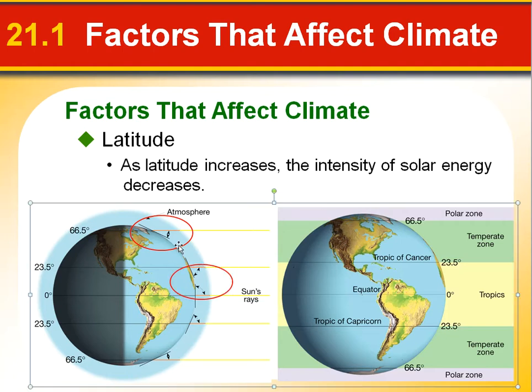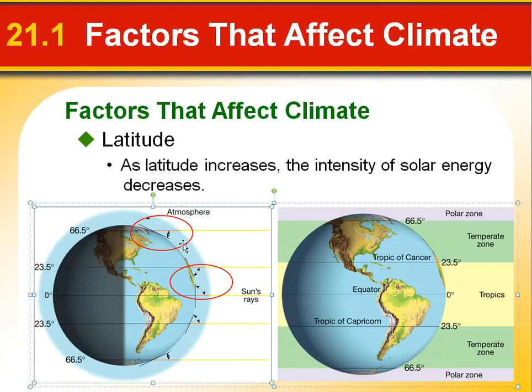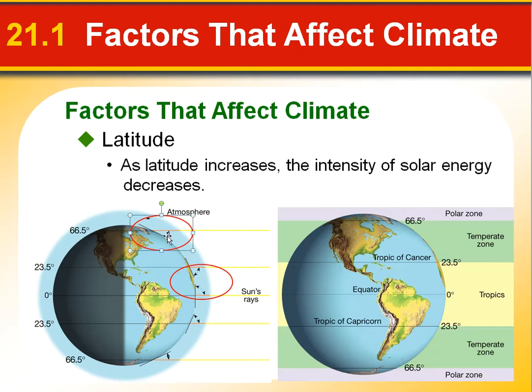As we move up towards the poles, we see that the angle here is going to decrease. So as the angle of the sun's rays decreases, the intensity of the sun's rays decrease. Therefore, that's going to feel colder as we move up. So we've talked about that when we looked at weather, and that's something that you should be fairly familiar with at this point.